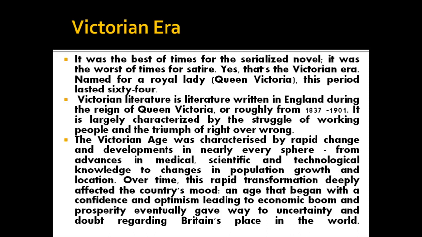In fiction, we can see Dickens's Little Dorrit, Thackeray's Newcomes, Mrs. Gaskell's North and South, Kingsley's Westward Ho, etc. There were other eminent writers such as Rossetti, Fitzgerald, Charlotte Bronte, George Eliot, George Meredith, and in the field of criticism, Ruskin, Mill and Newman. So overall we can say it was the golden era of literature.